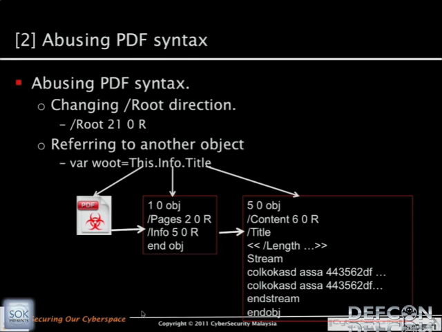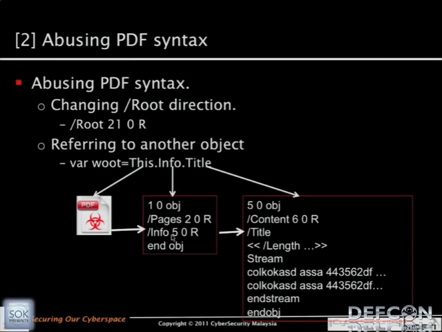And another thing is about referring to another object. For example, you notice the var here. The variable is pointing to an object called this.info.title, which is the kind of OO representation, where this normally refers to the PDF itself, and .info always refers to another component, like for example this one, /Info.